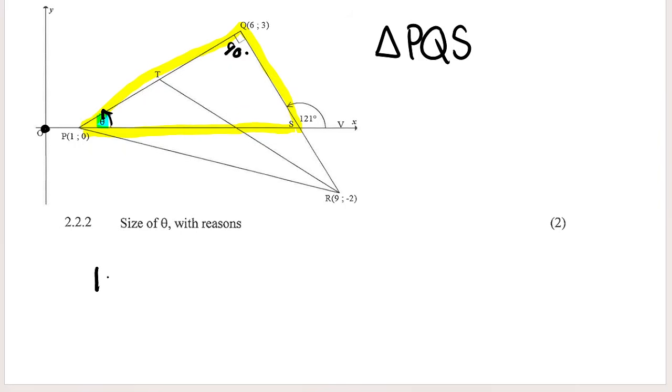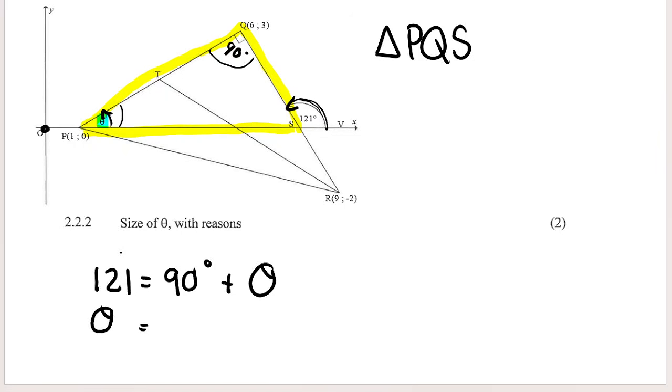We know that the exterior angle of the triangle is equal to the sum of the two opposite interior angles. So 121 degrees, which is the exterior angle, is equal to 90 degrees plus theta, the two opposite interior angles. And from that, we can work out that theta is therefore 31 degrees.